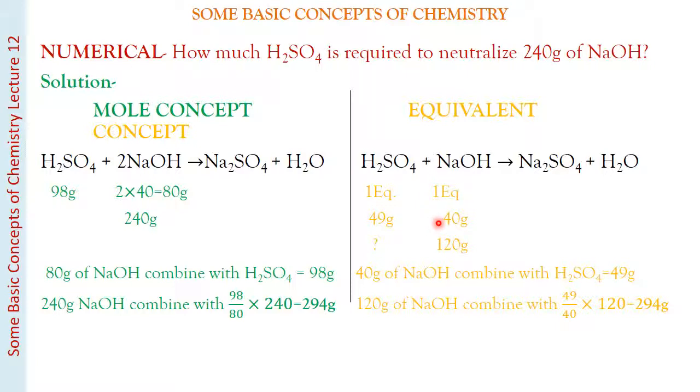This we have already calculated, so I hope this is clear to you. So now 40 grams combine with 49 grams, so 240 grams of NaOH will combine with how much H2SO4? This is going to come up to again 294 grams. So here your answer is the same as you got with the mole concept, but this requires fewer calculations.